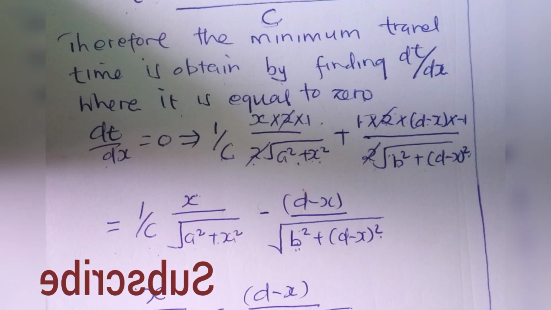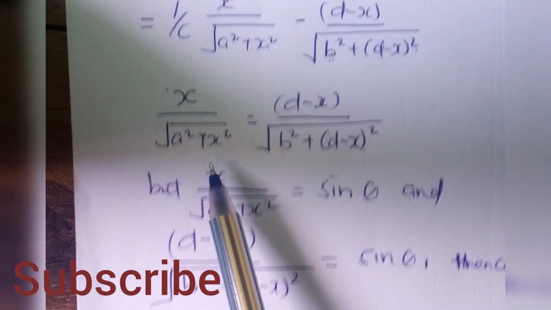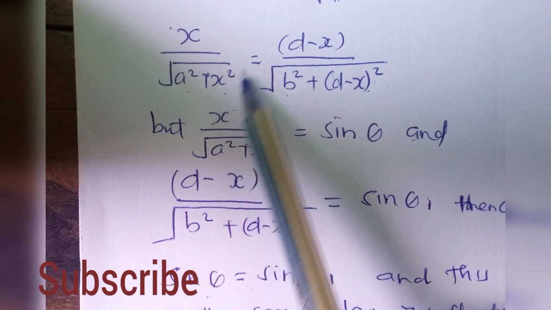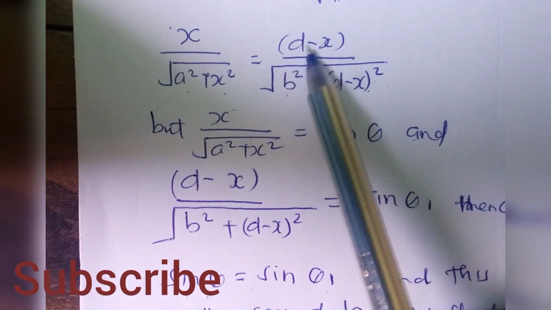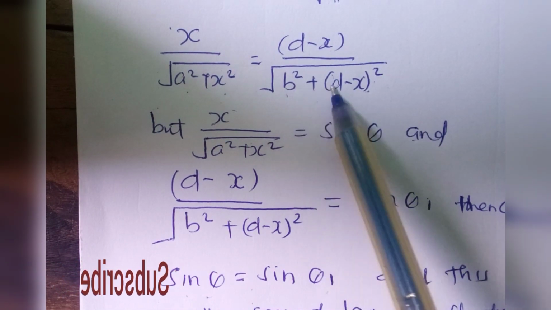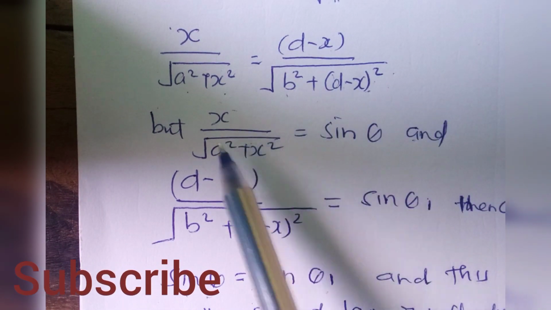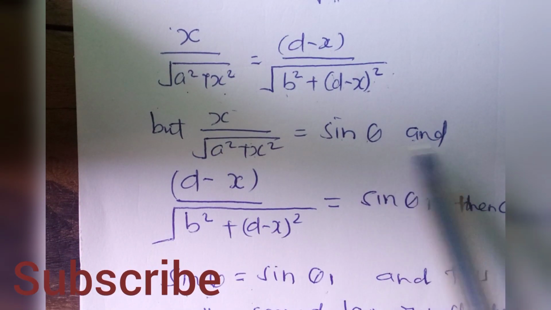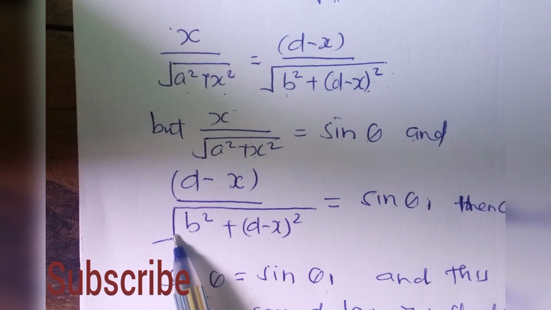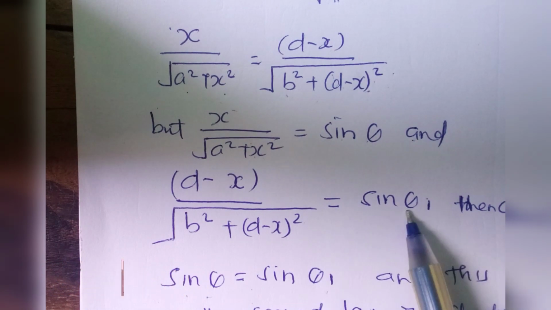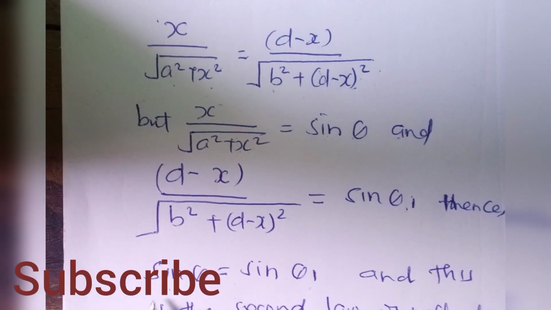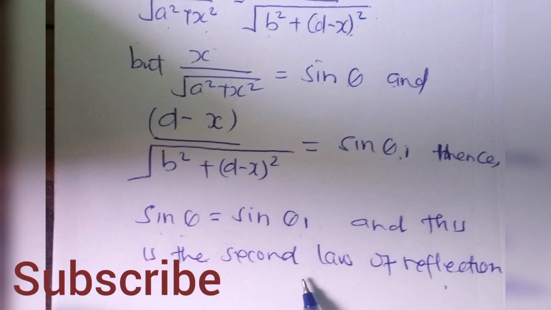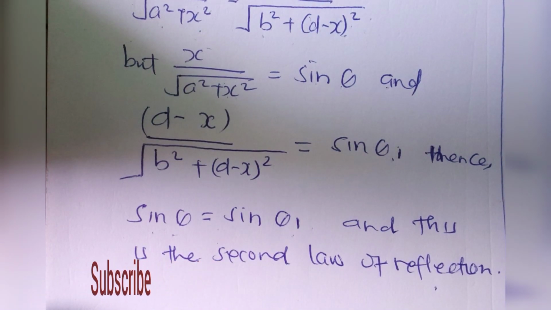This simply means that x over the square root of A squared plus x squared is given by sine theta, and d minus x over the square root of B squared plus d minus x squared is given by sine theta 1. Hence sine theta is equal to sine theta 1, and this is the second law of reflection.